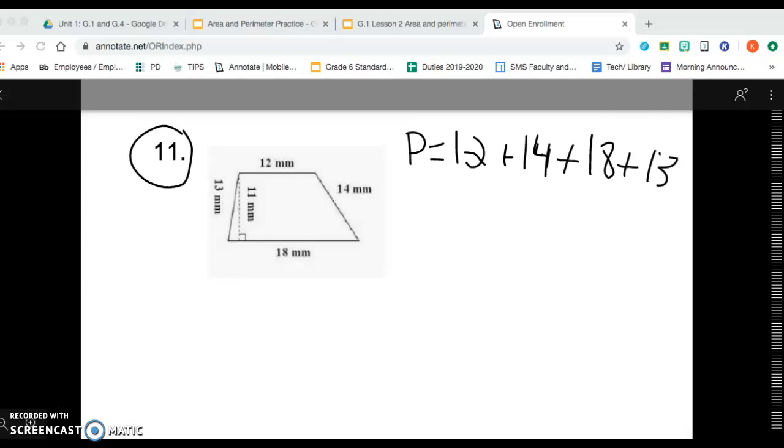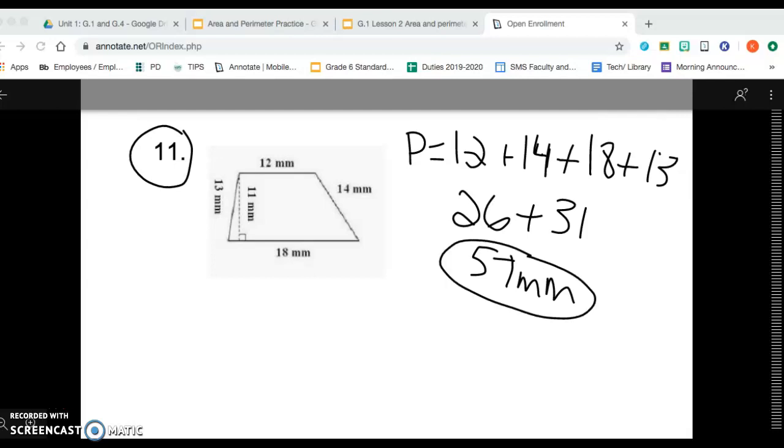I'm just going to use my calculator to add this up really quick. 12 plus 14 is going to give me 26. And then 18 plus 13 is going to give me 31. When we add the 31 and the 26, you get 57, and it's millimeters. Since it's not area, we don't have to square it. So your answer is 57 millimeters. Go ahead and copy that down.